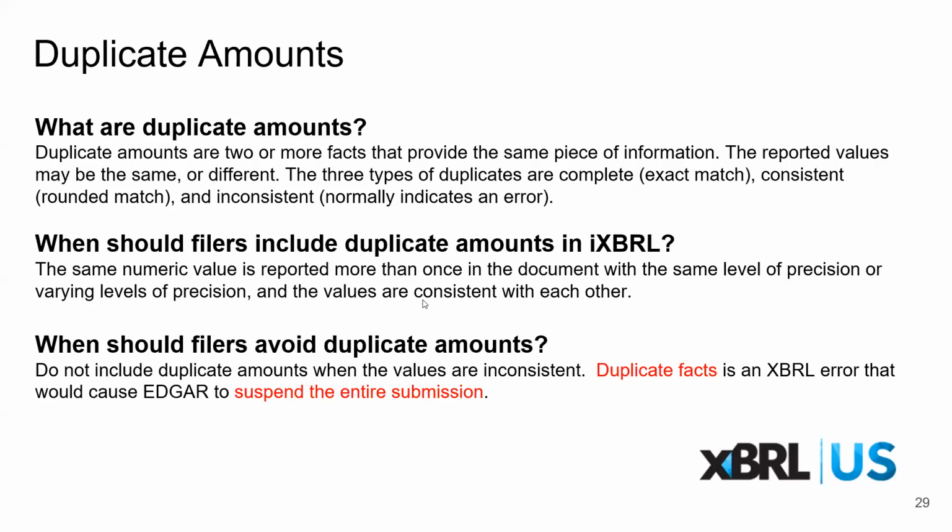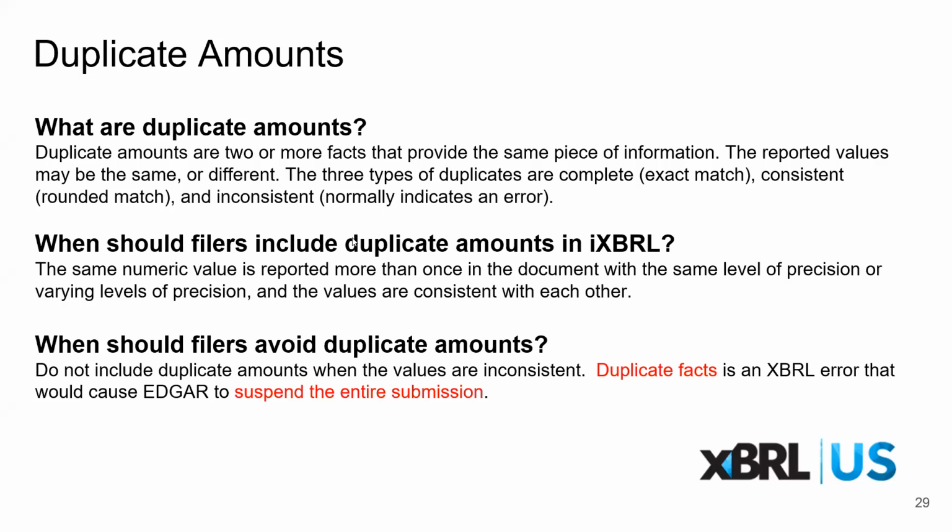The requirement to include a duplicate amount applies when a number is disclosed with the same or a different level of precision, for example an amount displayed in millions versus in thousands.